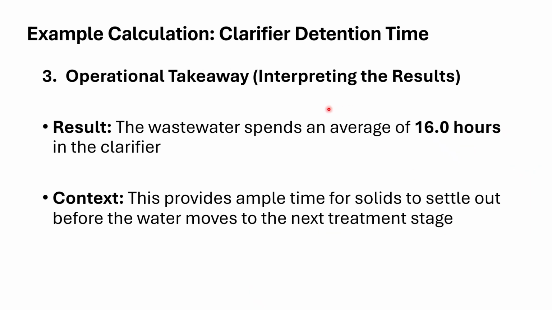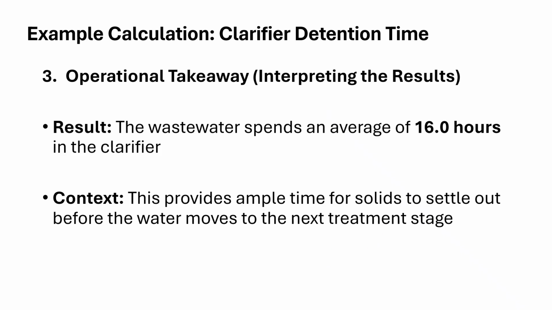So the takeaway: we're going to do this for each of the math problems in this chapter, and I hope you get in the habit of thinking, does that make sense? Do I meet requirements? Those are some reality checks. The wastewater in this case spends an average of 16 hours in the clarifier.